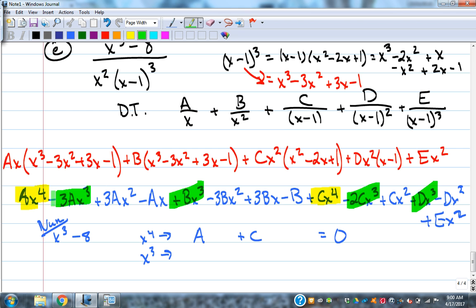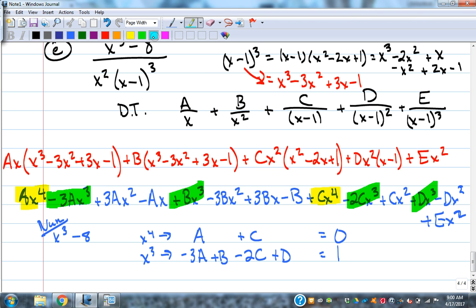So negative 3a plus b plus c plus d. Whoop, hold on. Minus 2c, sorry. Minus 2c plus d is equal to, what's x cubed? 1. There's one of those in my numerator. So that's why it's equal to 1.